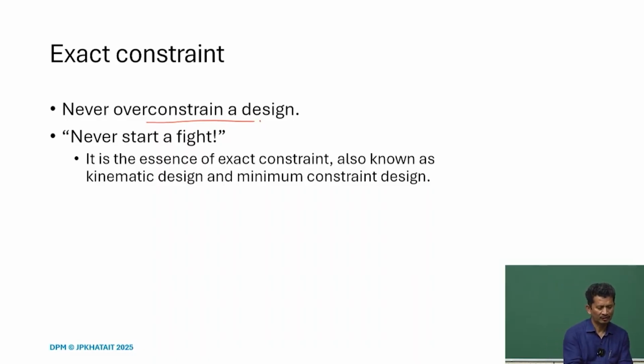And in design, what we realize is that if we over constrain a design, the components will start fighting. In general, we say never start a fight, and I think it is also true in case of machines. When we assemble components, it is very important that they should not start fighting.